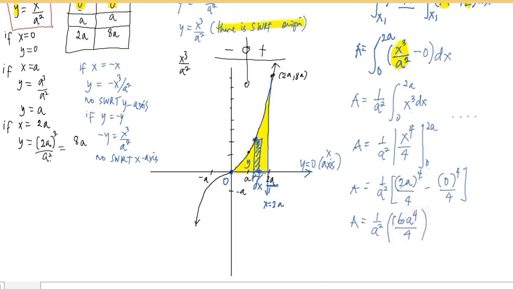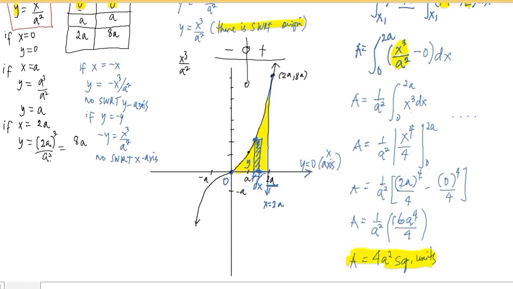Simplifying this, 16 divided by 4 is 4, and a to the 4th over a squared is a squared. So meaning our area is equal to 4a squared square units. And this is our final answer.